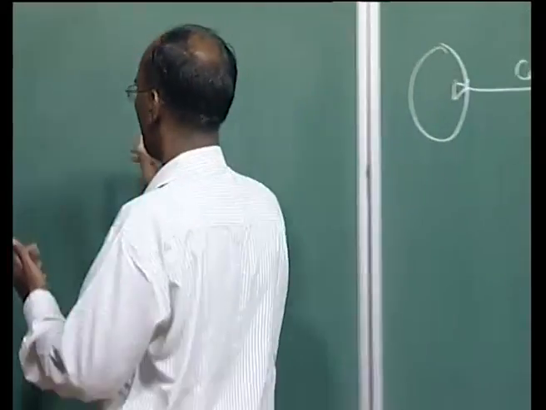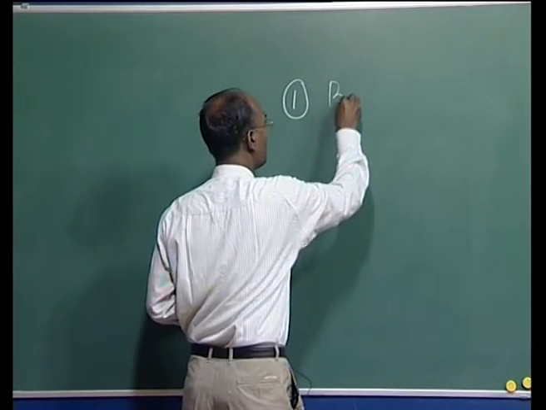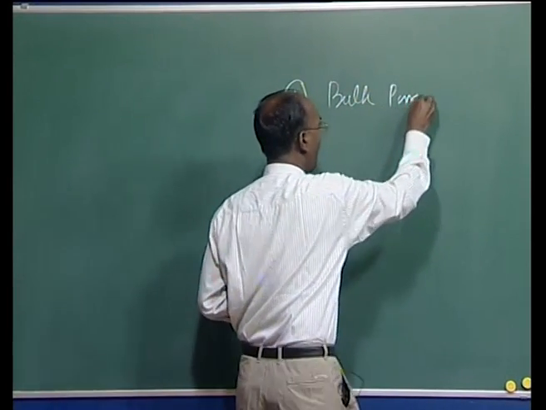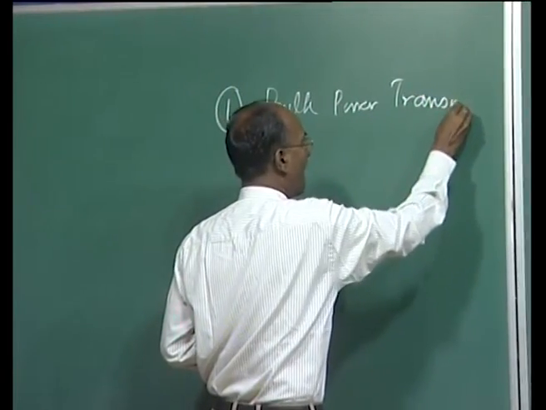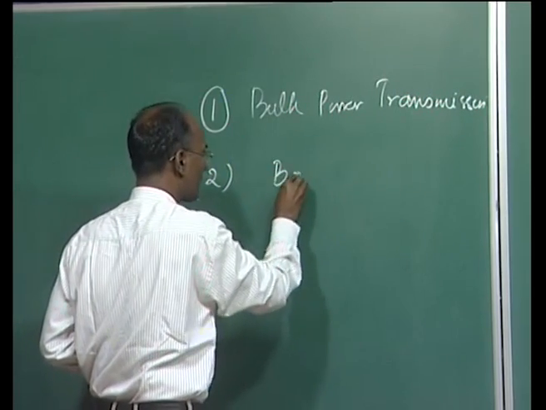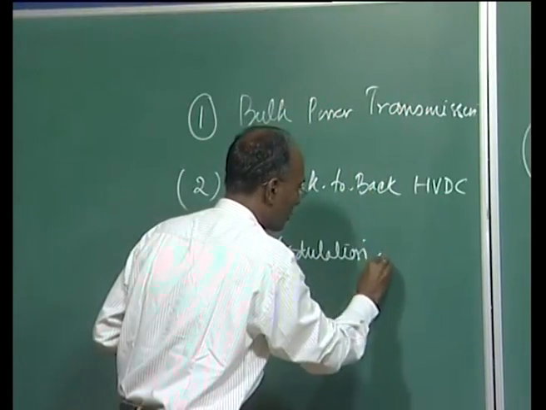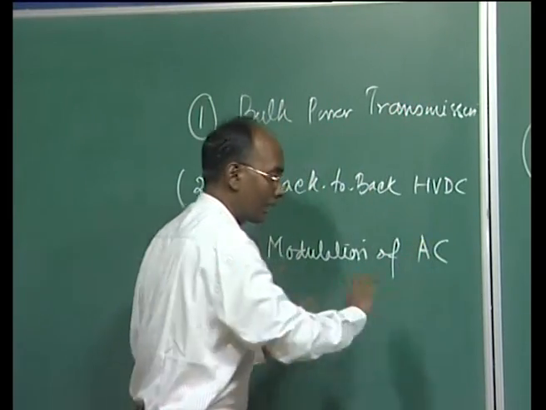In those countries which are very small in geographical area, HVDC is not very feasible for long distance transmission. So, we basically have three types of HVDC links for the control of AC/DC power systems. One is, if you want bulk power transmission, and second is called the back to back concept, back to back modulation of AC network.